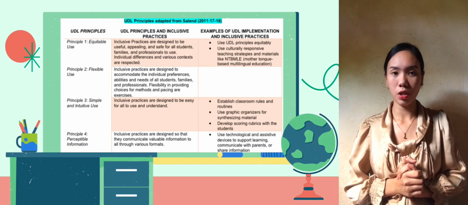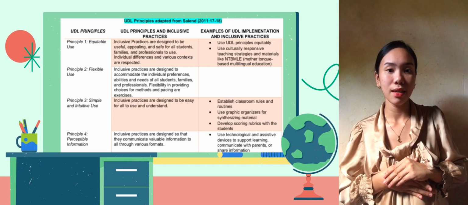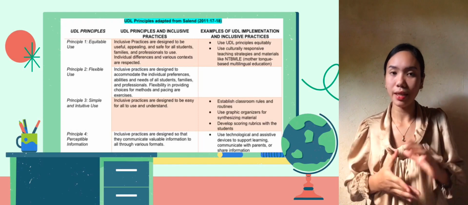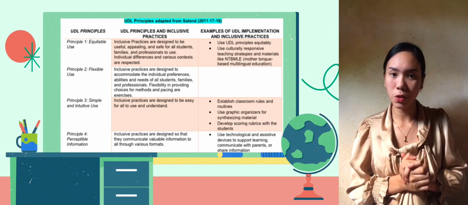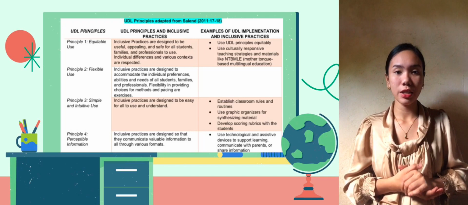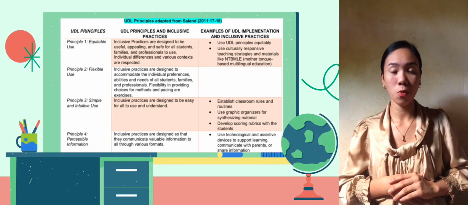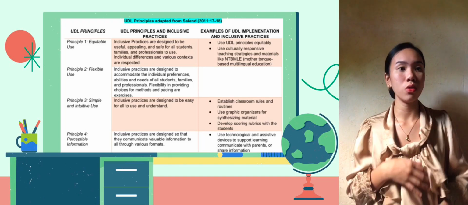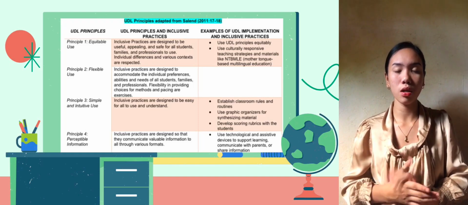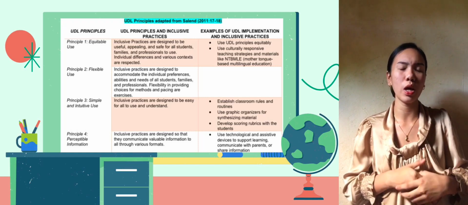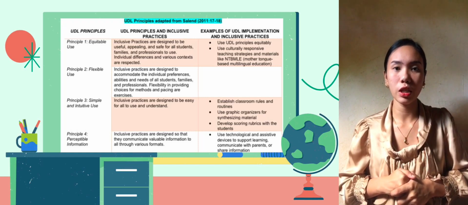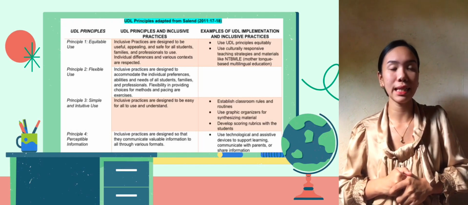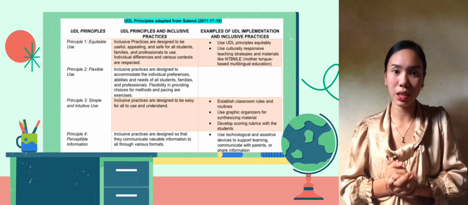Simple and intuitive use. So inclusive practices are designed to be easy for all to use and understand. Easy to use, understandable to use. These are the examples. Establish classroom rules and also classroom routines. So this is the most important thing. We need to have our rules and regulations. Of course, when we are going to have our students soon, we're going to be future educators soon, we will have these classroom rules and routines.